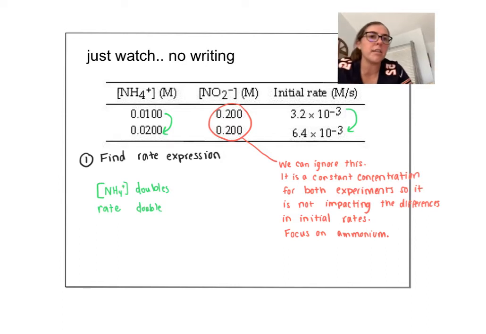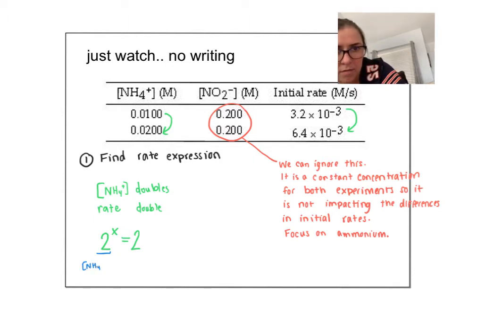So my goal is to figure out the little exponent, N or M, for NH4. Here's how we do this. I know that NH4 doubled, so that's the 2, and it's going to impact the rate to some exponent, and that must equal what the change in rate was, which was doubled. So this side here represents NH4 doubling, and this 2 represents the rate doubling.